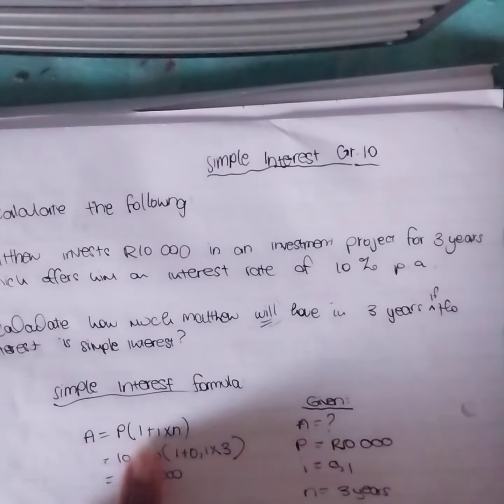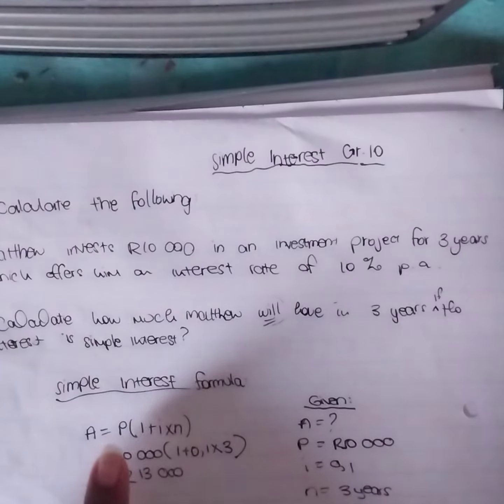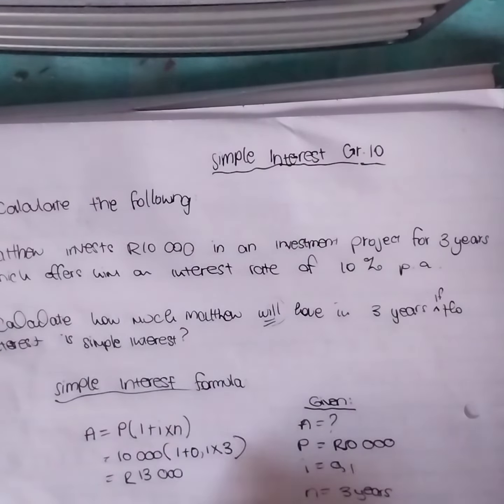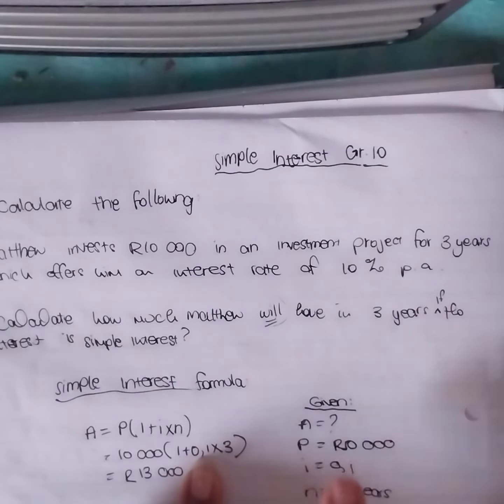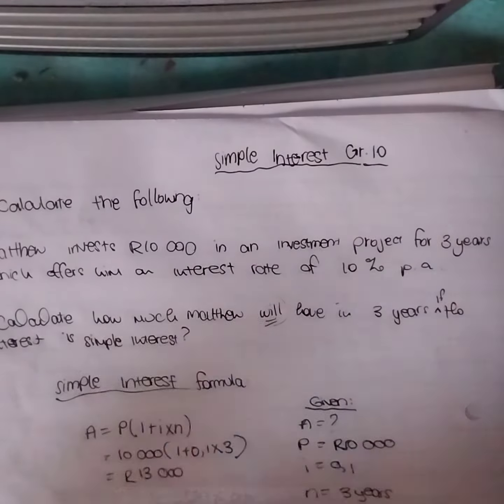So you're trying to find your A, so that's why it's blank. Your P is your 10,000 Rand over here. Open bracket, 1 plus 0.1. Always convert your percentage into a decimal. How to do that?